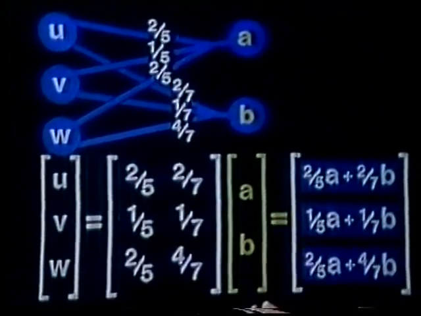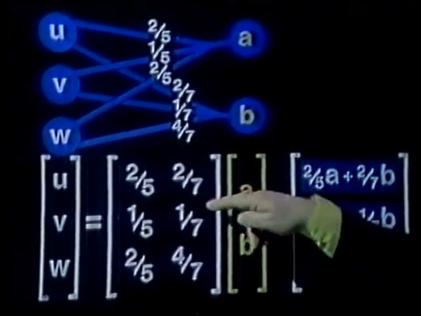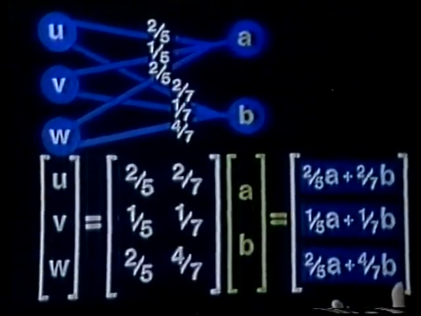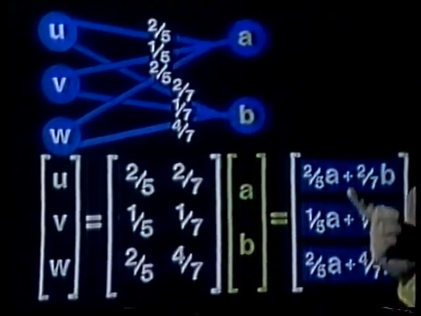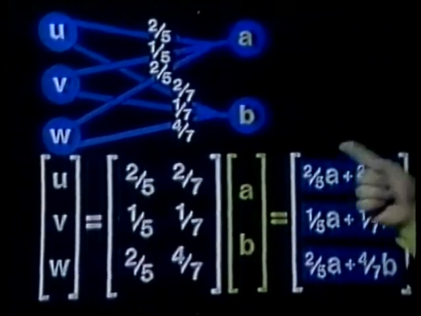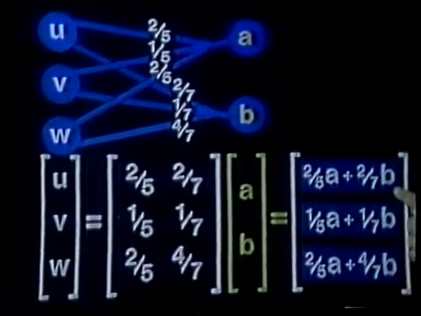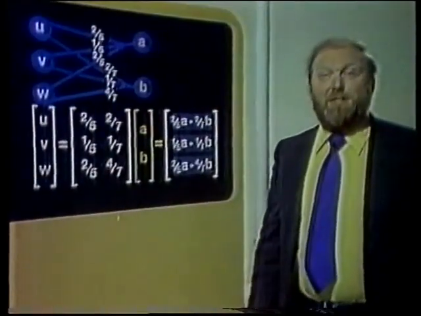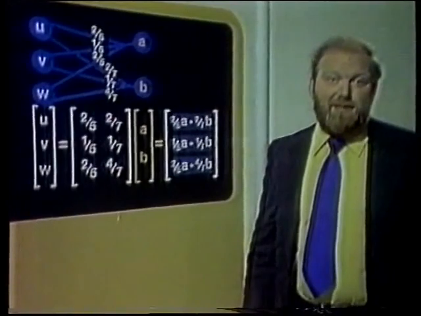It's a matrix consisting of a single column of two numbers. And when we act on it with these three rows, that's matrix multiplication. And this is the product matrix. It consists of a single column of three numbers. So you see, we've been doing this matrix multiplication from the start.